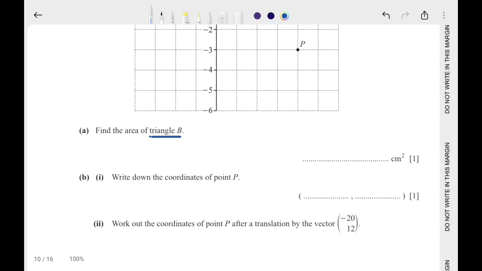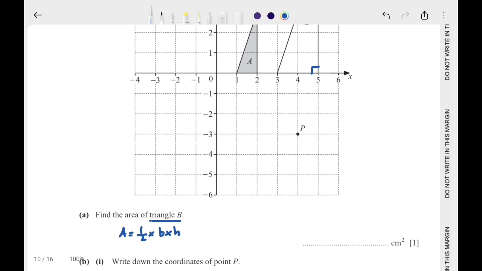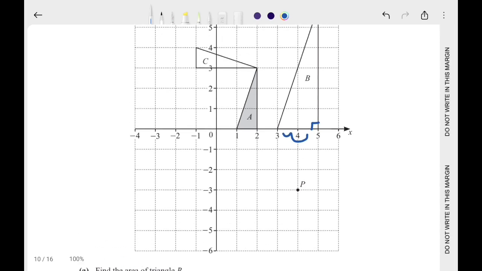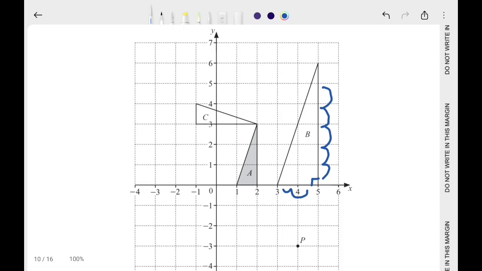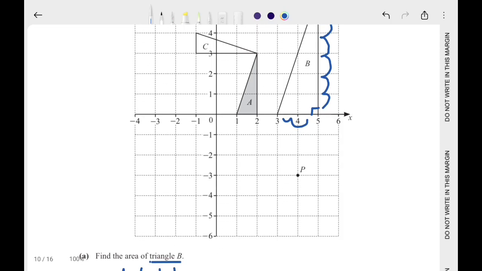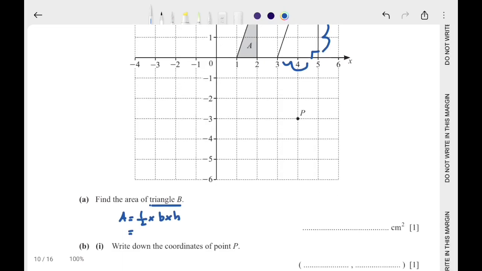So the formula would be 1 by 2 times base times height, and here the base would be 2 units and the height will be 1, 2, 3, 4, 5 and 6 units. 1 by 2 times 2 times 6, so it will be 2 times 3, 6. This is the area.